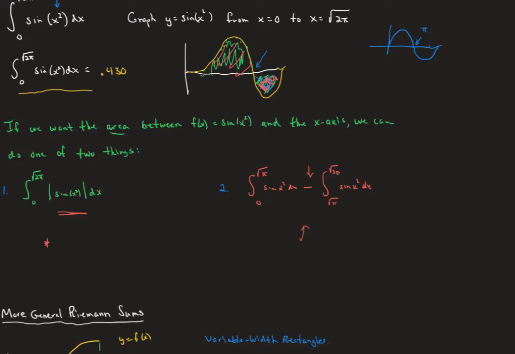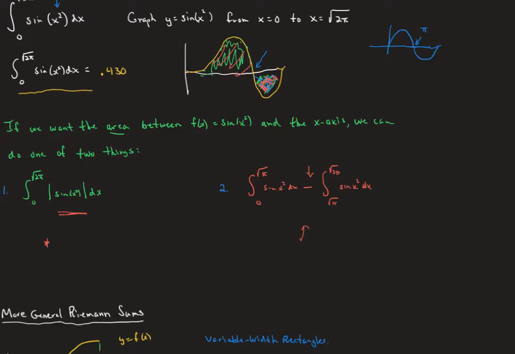Oops, I did that wrong. Let me try that again. We want to go to the square root of 2 pi, and then I'm going to drop down. And once I'm in the parentheses, I'm going to go math, right arrow, and then you'll see absolute value is the first one. So if you hit enter and then hit variables, right arrow, enter, enter, it'll put that y sub 1 in absolute values.